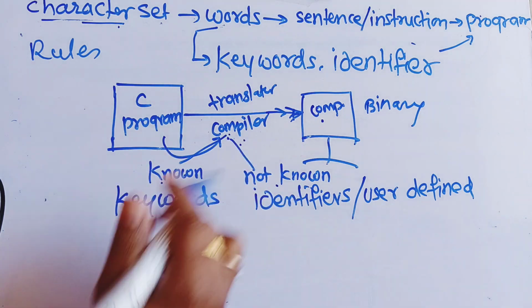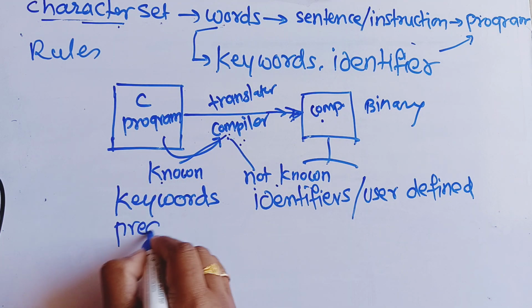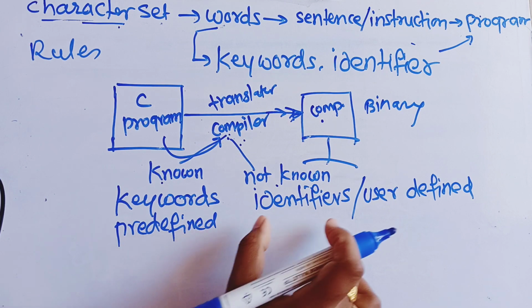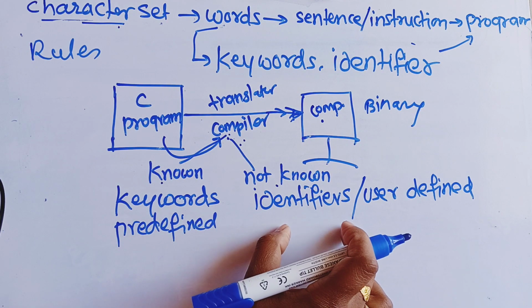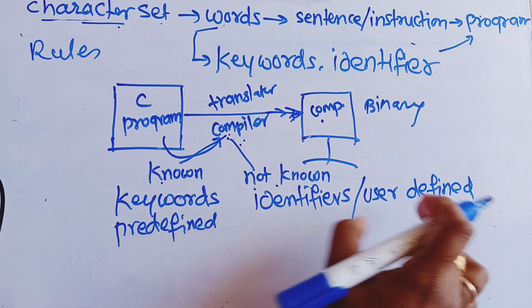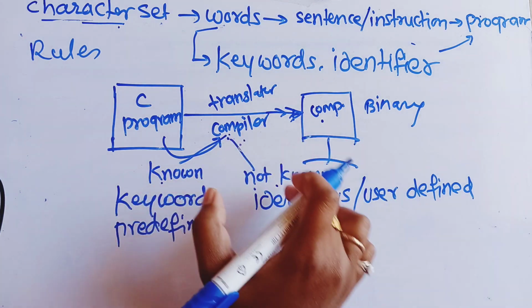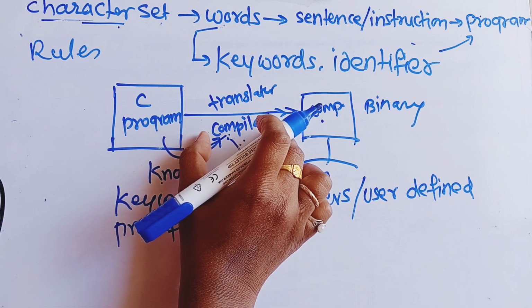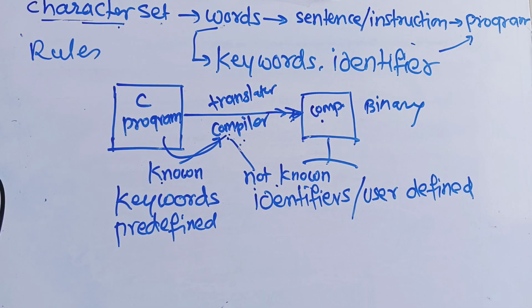Keywords are already known, therefore they are also called predefined words. I hope you understood the idea about keywords and identifiers. These are predefined, these are user defined. They are already known, we are going to tell, but everything should be known to the compiler. I hope you understood the idea.